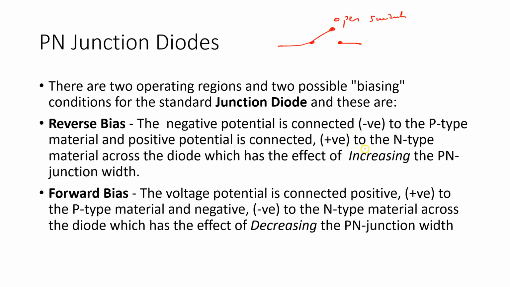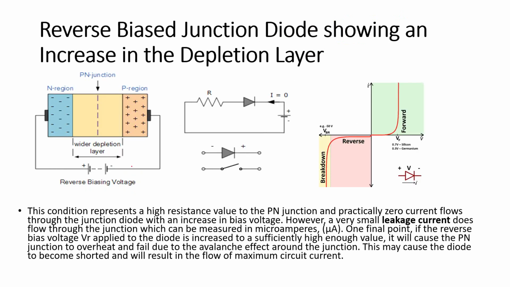Also, obviously, the N-type material has to be connected to the positive terminal. I'm going to show you in a diagram very soon. In reverse bias, there is going to be an increase in the width of the junction.